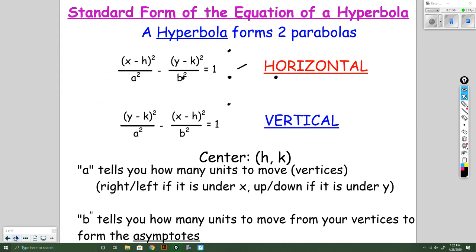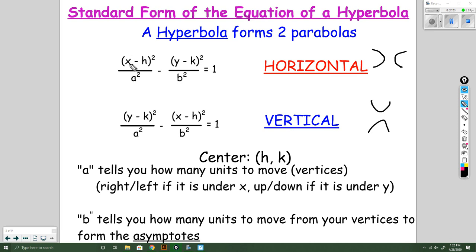So getting to the equation, there are two different hyperbolas that could happen. We could have a horizontal or a vertical hyperbola. A horizontal hyperbola is one that opens to the left and to the right. A vertical hyperbola is one that opens up and down. We're able to tell whether it's a horizontal or vertical hyperbola by the equation.